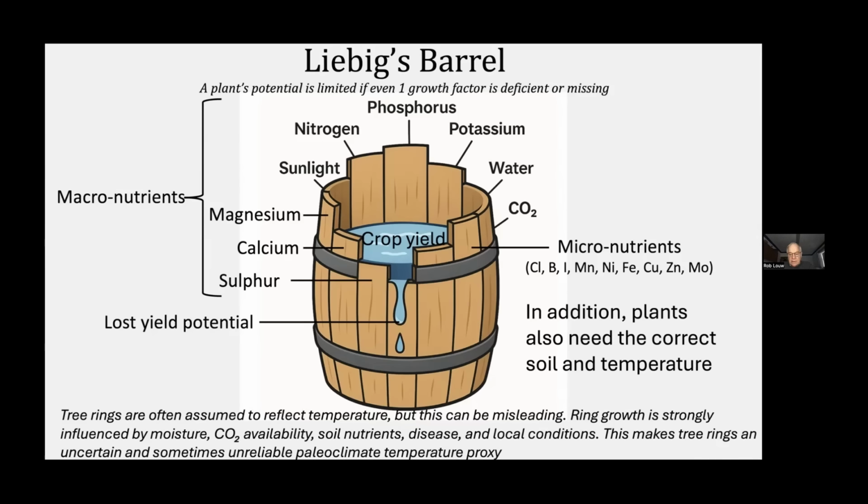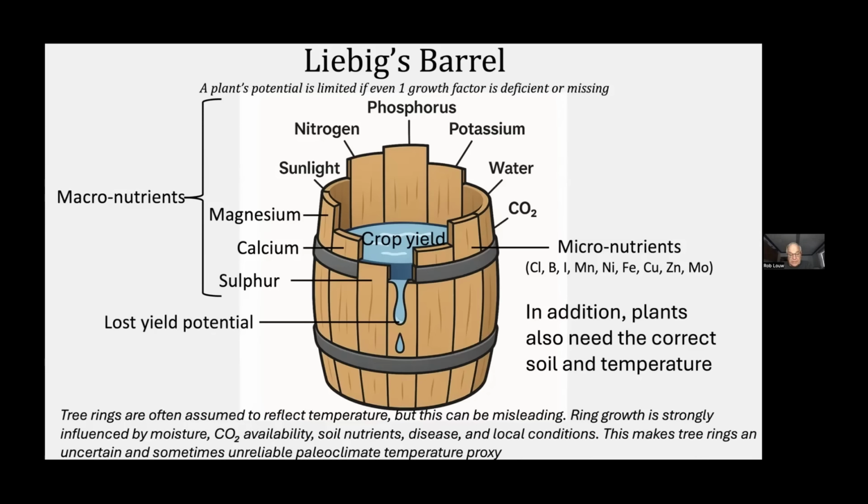Now, I'd just like to draw attention to one little thing here, and that is that paleontologists often use tree rings to reflect historical temperatures. But as you can see from this example, this can be quite misleading. Ring growth is strongly influenced by moisture, CO2 availability, soil nutrients, disease, and local conditions.